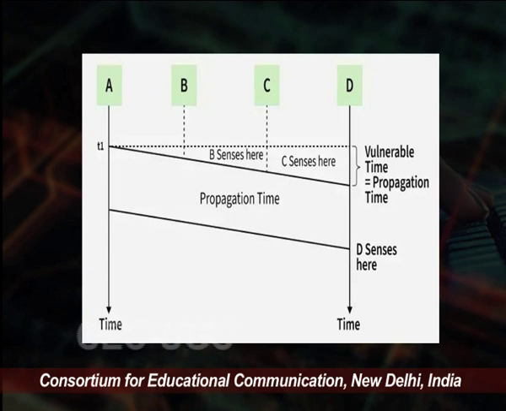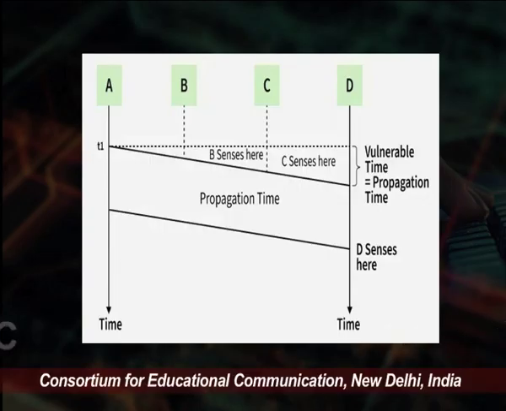So B has sensed and C has sensed, and if a transmission is already going on, they both find the channel busy. Obviously they will not start, but after patiently waiting for the channel to be free, they are going to sense again, and then they begin the transmission one at a time.